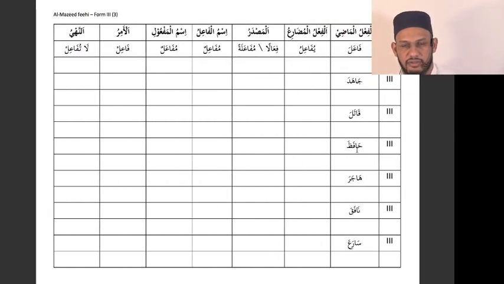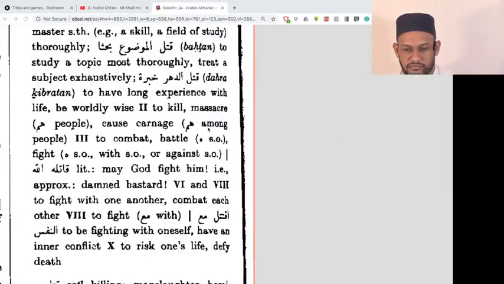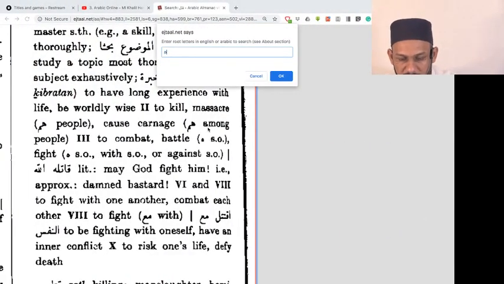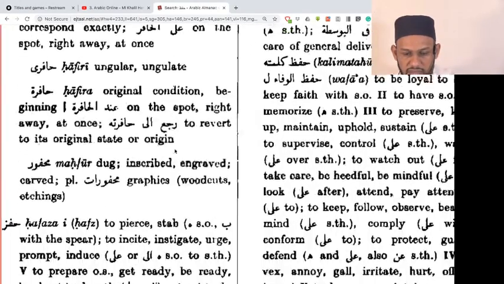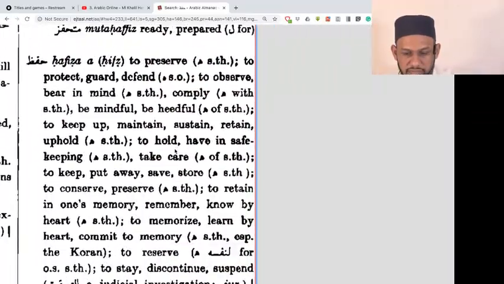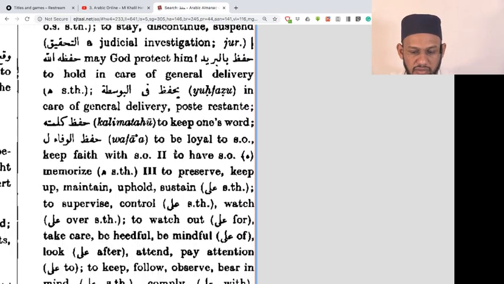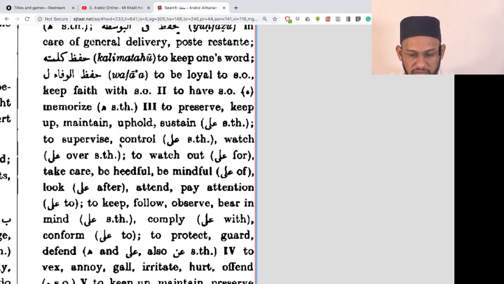The word hafadha. We go to our dictionary again. And we find the word hafidha on the first bab means to preserve, to protect, to guard. And we go down on the third bab, it means also to preserve, to keep up, to maintain, to hold, to sustain.